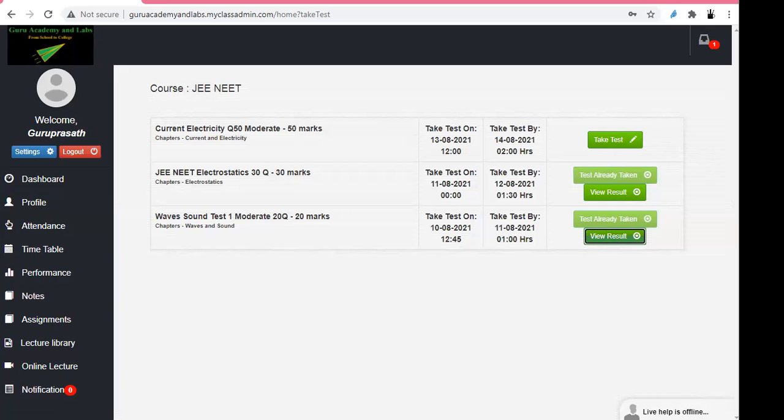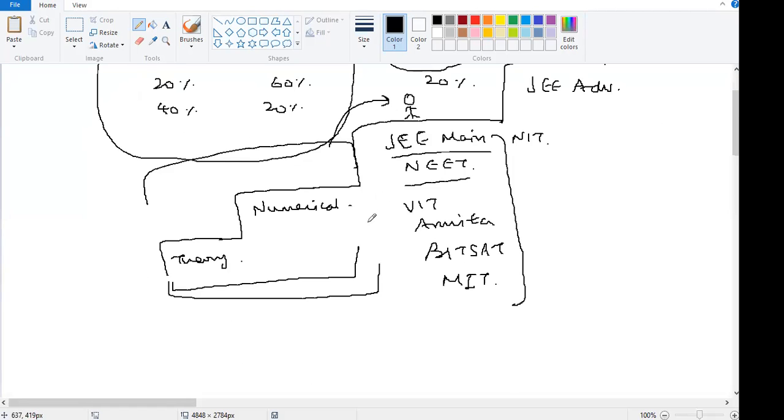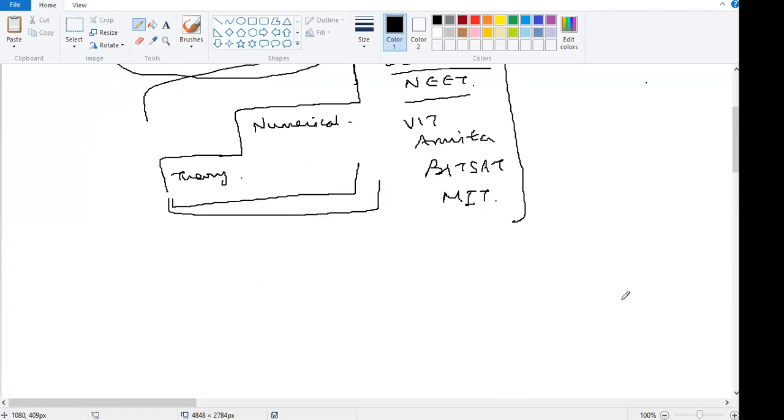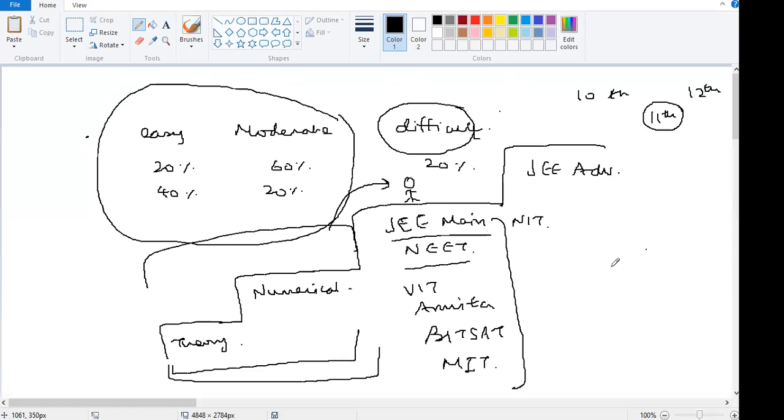As I always say, it's not two different things. If you do this, I'm sure you can easily jump to the next level. You should take a little bit of extra effort. Any questions in this?